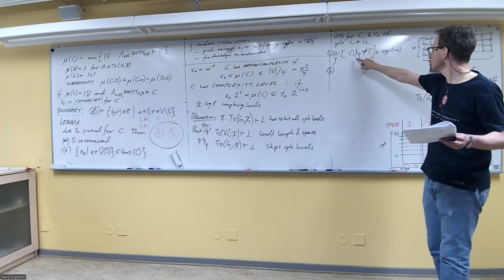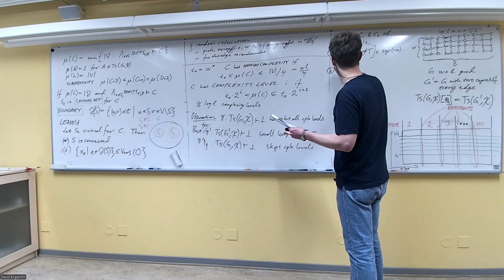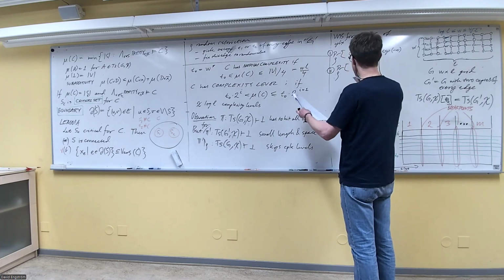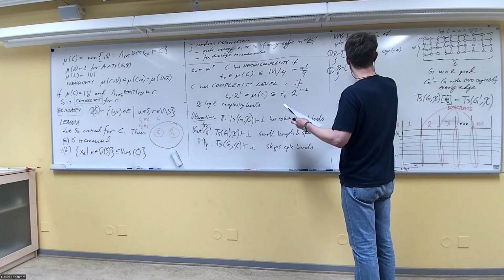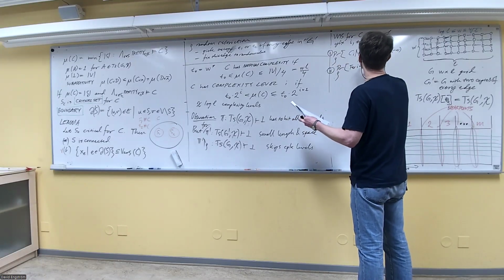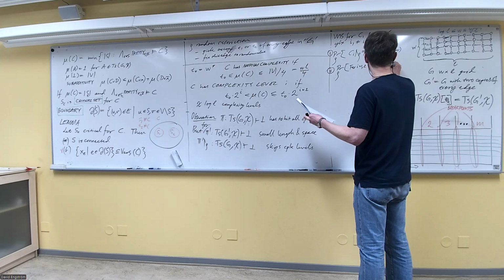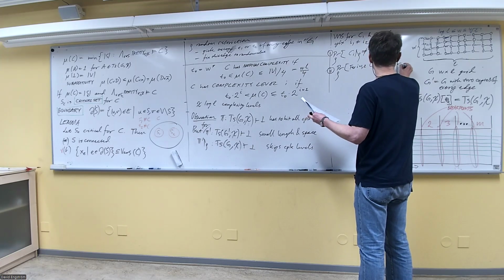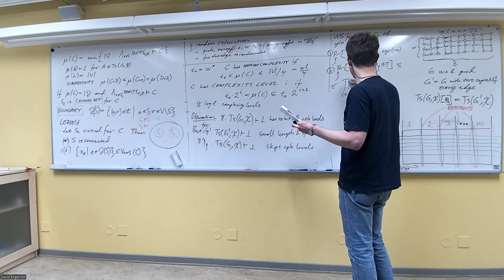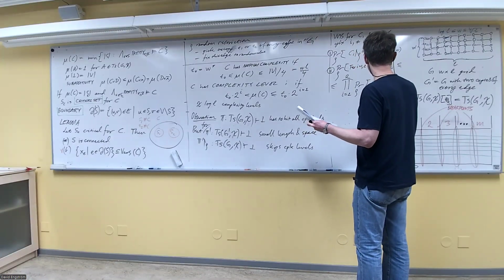In fact, we want to argue that this happens essentially independently. So we want to argue something like the following: the probability that for both I1 and I2, both of these clauses survive, is going to be at most the product of the probabilities that each one of the clauses survives.